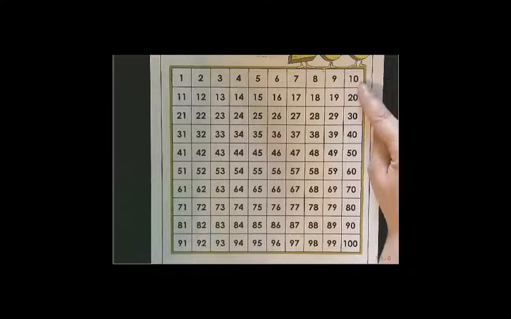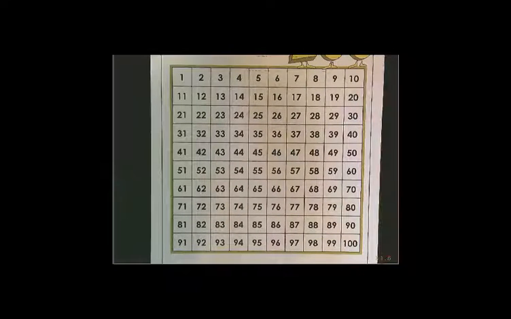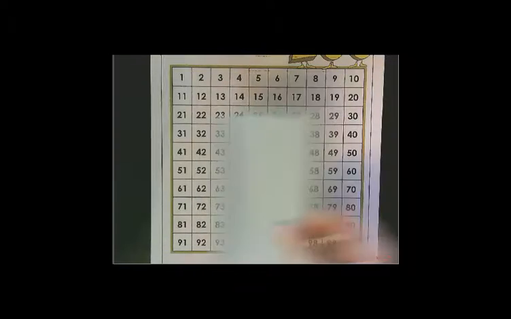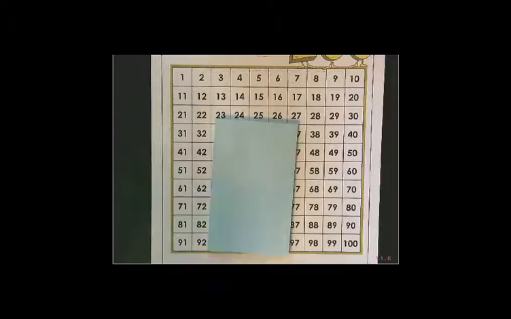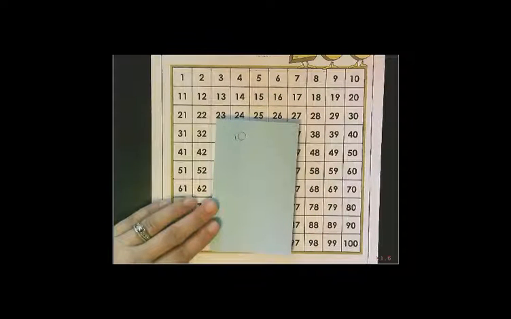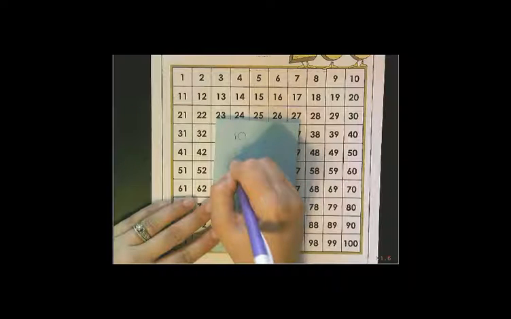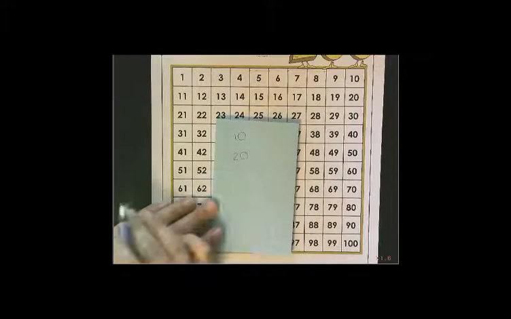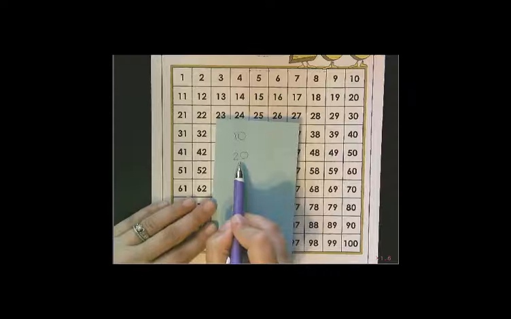Or, if I can think this in my head, or possibly seeing it written on paper. So Ella picks 10 strawberries to start with. Then she picks 20 more. Well, I can see that 20 is 2 tens.